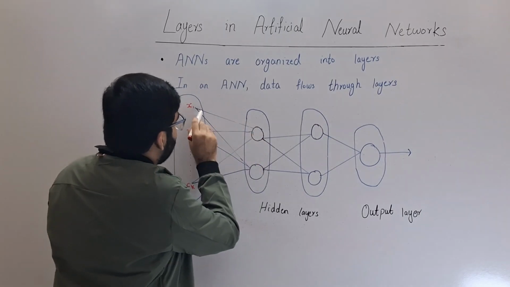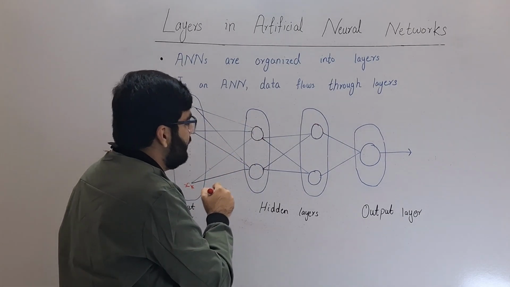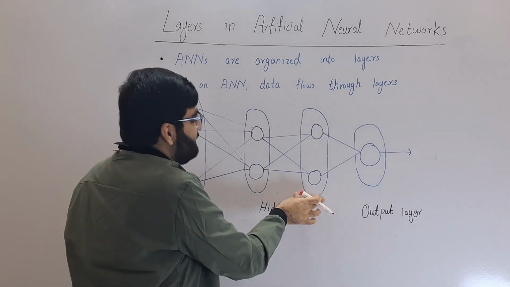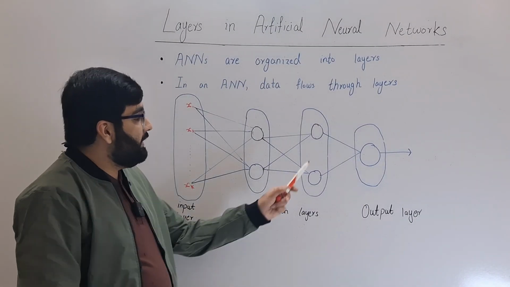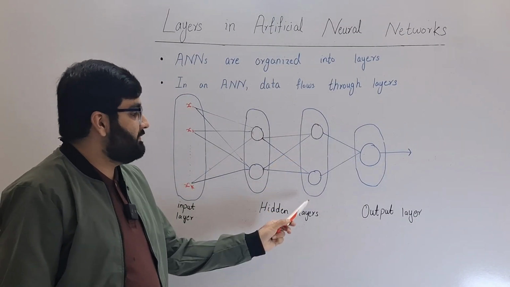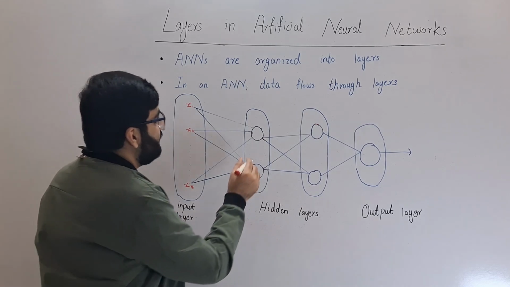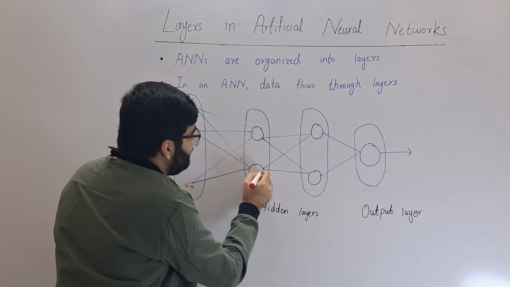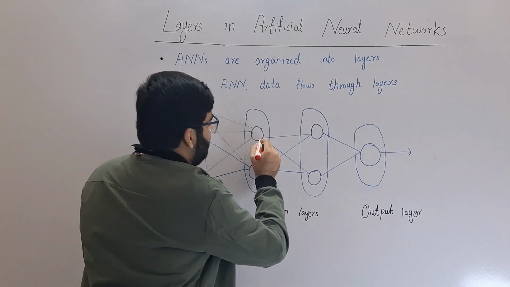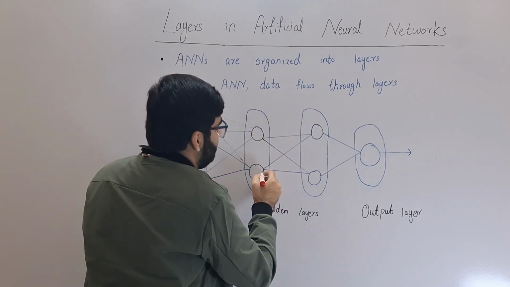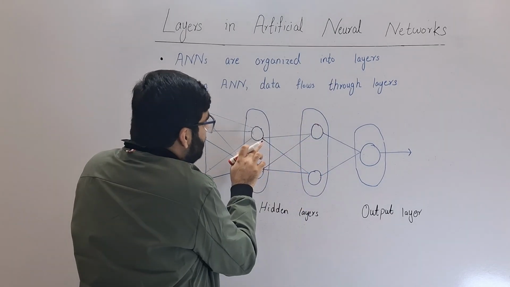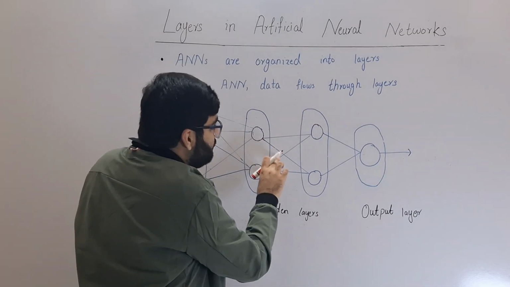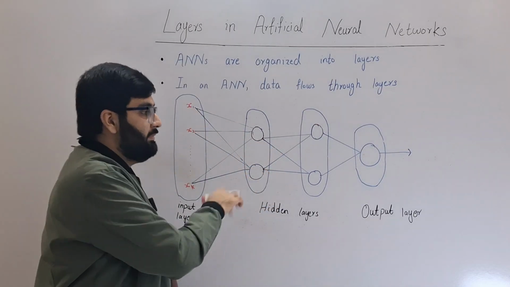Same for this one, 1, 2, 3. The inputs to the next hidden layer are all the outputs of the previous layer. So the input to this neuron in the second hidden layer is the output of this neuron and this neuron. Same for the second neuron in the hidden layer. The input is the output of each neuron in the previous layer.